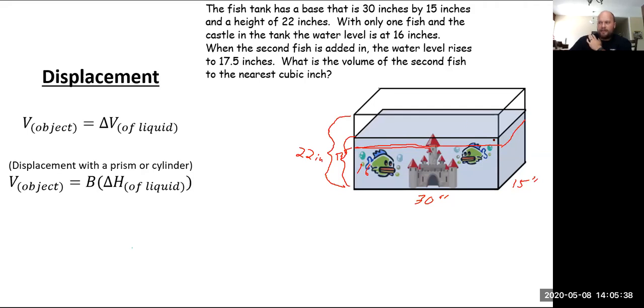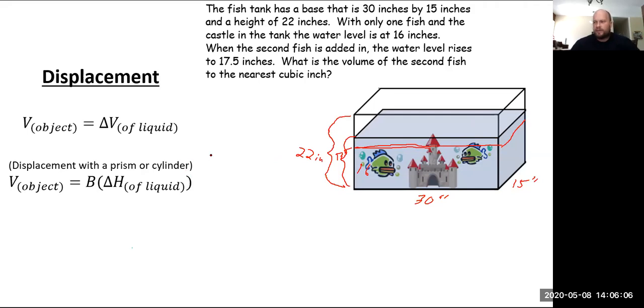We have two bases that are the same size, in parallel planes, and the height here will be the height of displacement. That change in height of the liquid is the height we would use. So we don't have to find the overall volume of the water at all. It's just what's been displaced.